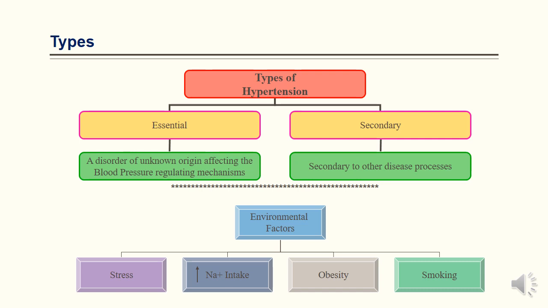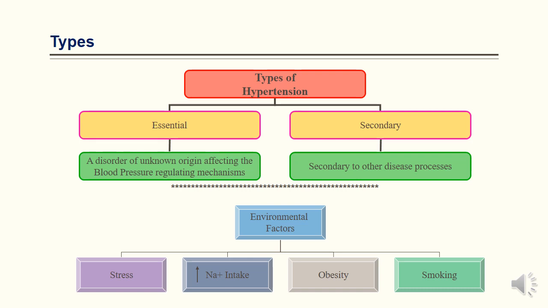Essential or primary hypertension may develop as a result of environmental or genetic causes, meaning a disorder of unknown origin which affects the blood pressure regulating mechanism. And secondary hypertension has multiple etiologies, like renal, vascular and endocrine causes involved in secondary hypertension.